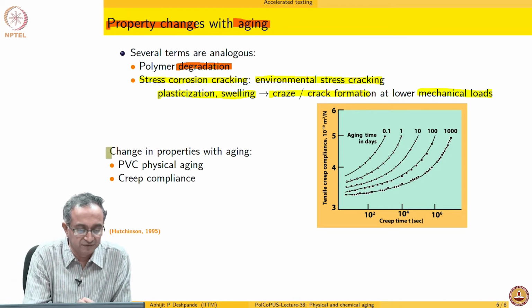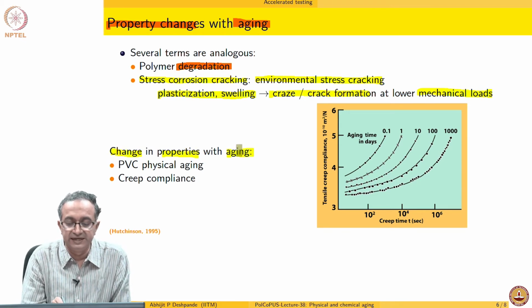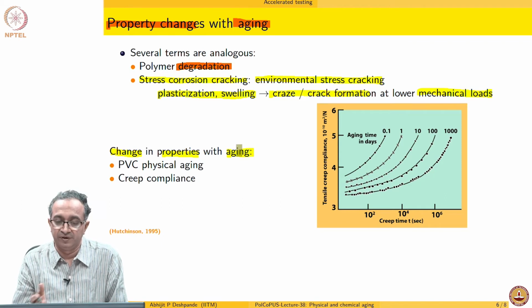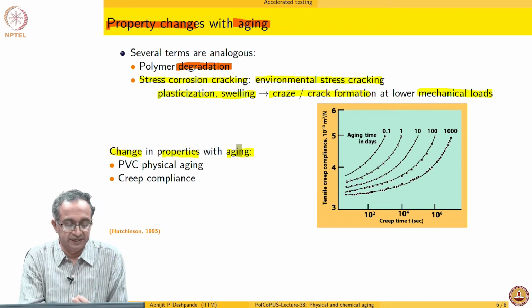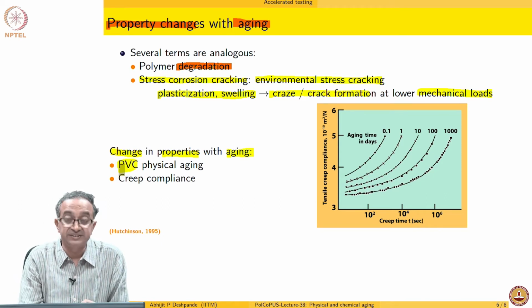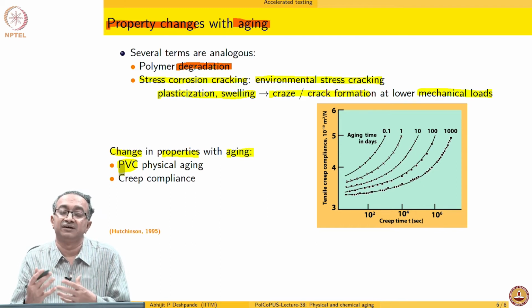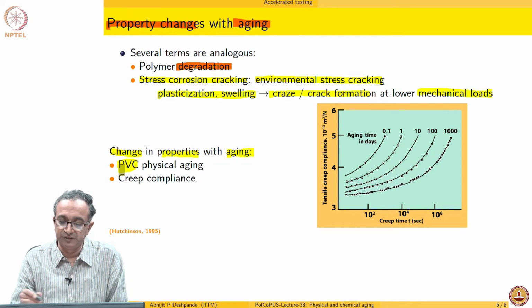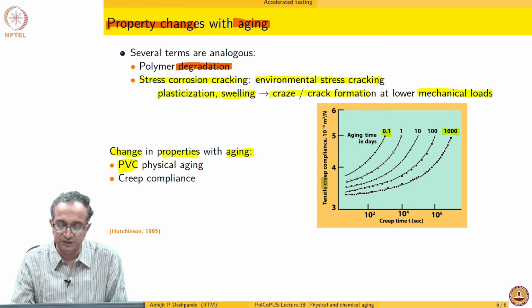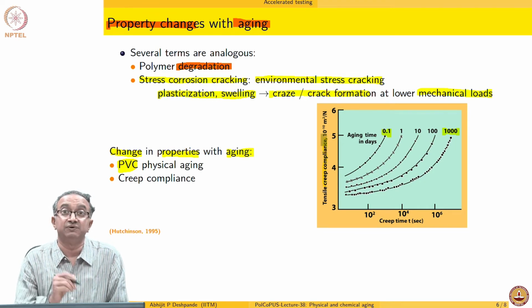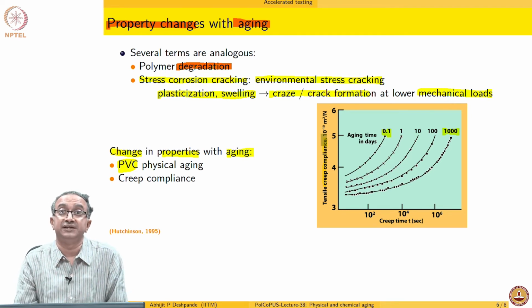So in general, we have to worry about the change in properties with aging, and this data here is related to aging in PVC, and only physical aging. So there are only molecular rearrangements taking place. But you can see that depending on the aging in days, from 1000 days to 0.1 days, we measure something called creep compliance, which we will discuss when we look at viscoelasticity.